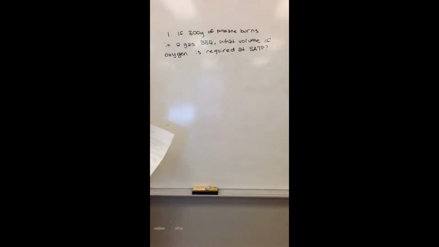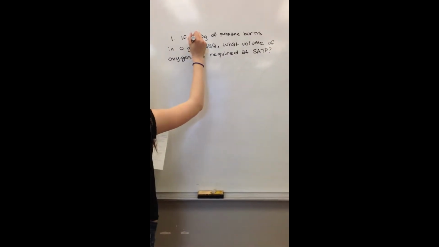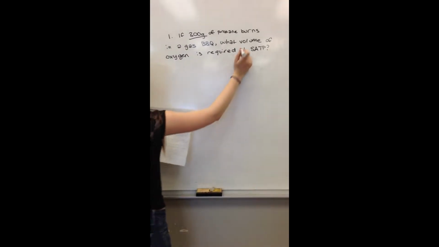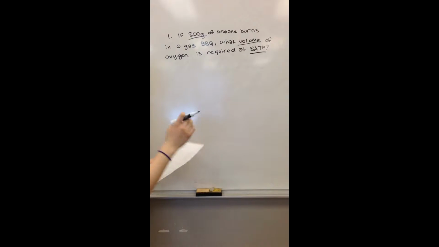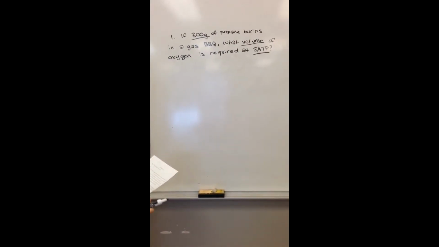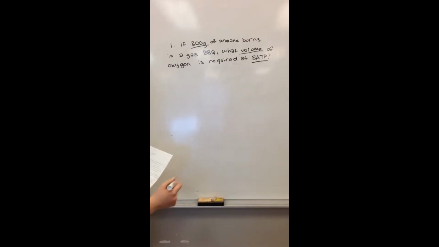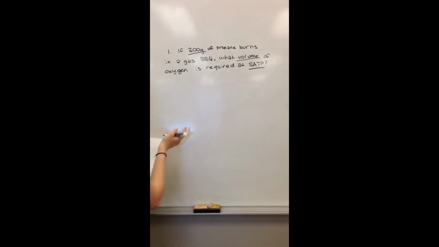So first things that we're going to notice is that we have 300 grams, we're looking for the volume, and they also give us SATP, which means that we have a specific set of conditions of temperature and pressure. And so the first thing that we need to do is write out a chemical equation.